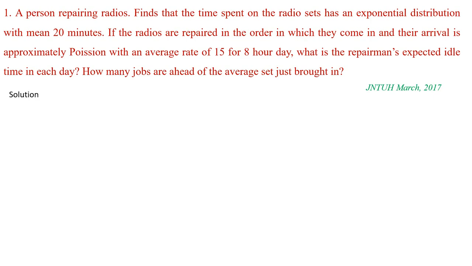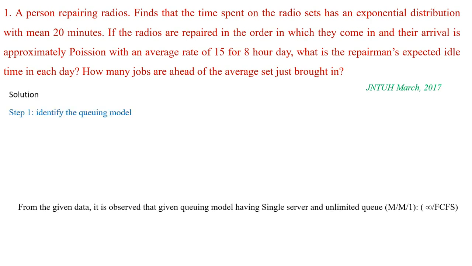Let's see the solution. The first step is to identify the queuing model. For this, first we have to observe whether the given queuing model has a single server or multiple servers. By reading the problem, I observe that there is only one repair person, so it is a single server.